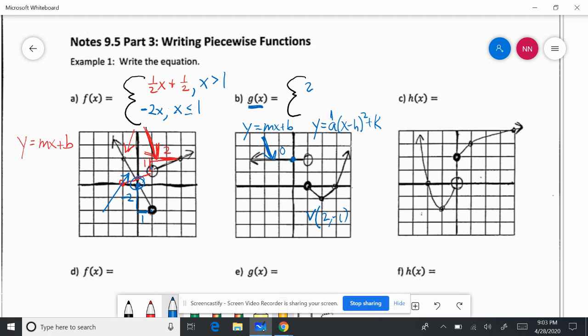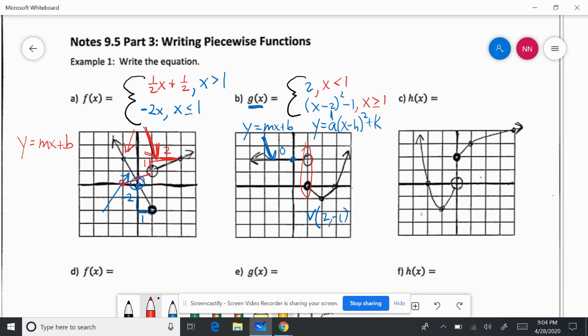So when I plug it in, I have (x minus 2) squared minus 1. Now I'm going to come up with the domain. Notice it's in the same spot as the other ones, at 1. For this one right here, it's an open circle going to the left. And this one right here is a closed circle going to the right.